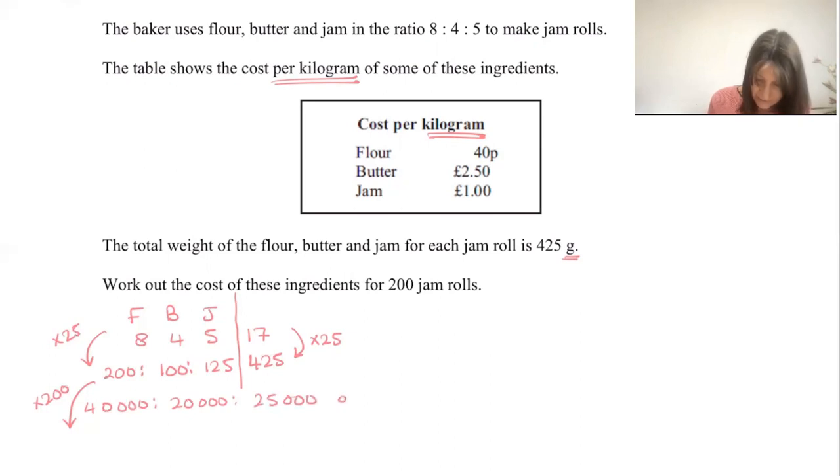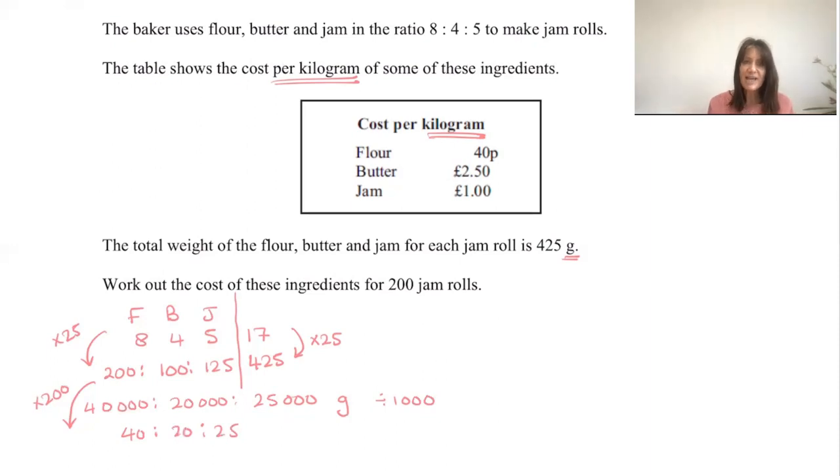So this is grams. We're still in our grams. So it probably makes a lot of sense now to get this down into kilograms. So kilograms means we need to divide by 1,000, which is now going to bring me out to 40, 20, and 25. So the numbers are coming out quite nice.